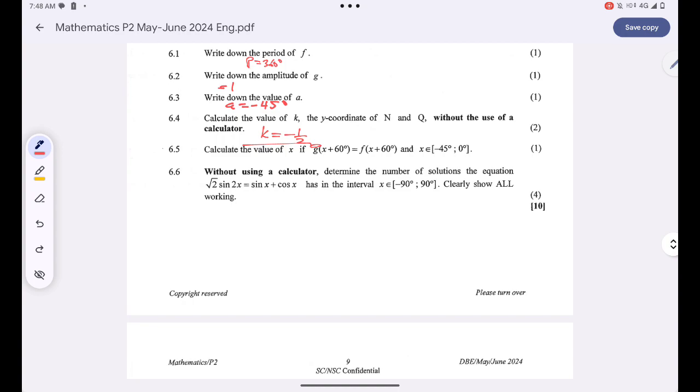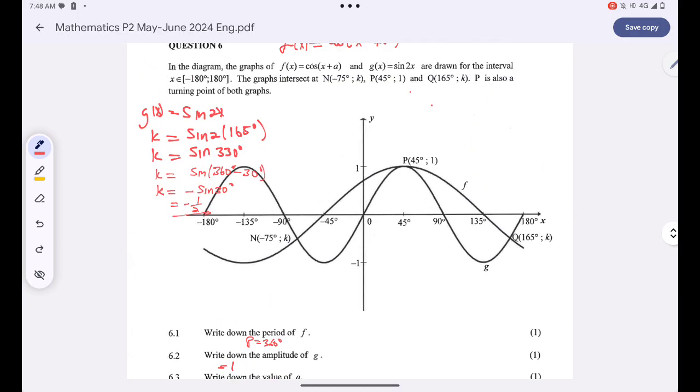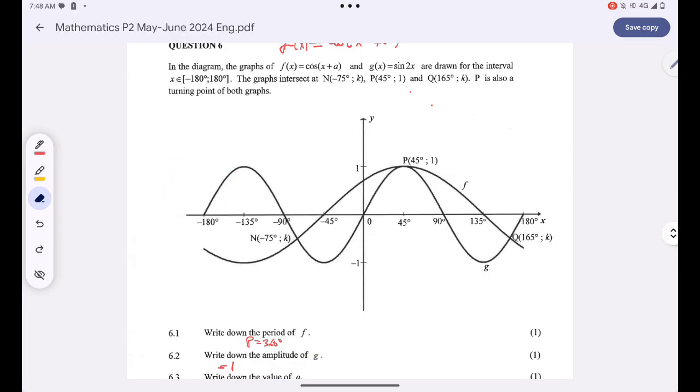And then we are asked to calculate the value of x if both of my graphs are shifted 60 units to the left. Whenever we shift both graphs 60 units to the left, every x value will be shifted 60 units to the left: every x-intercept, every turning point, every point of intersection.